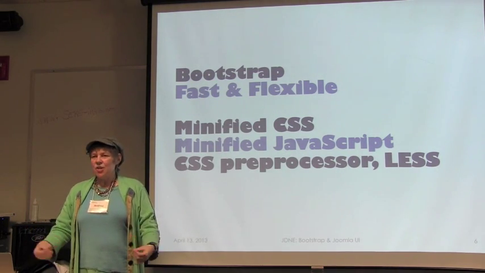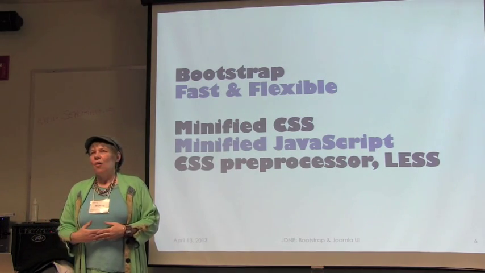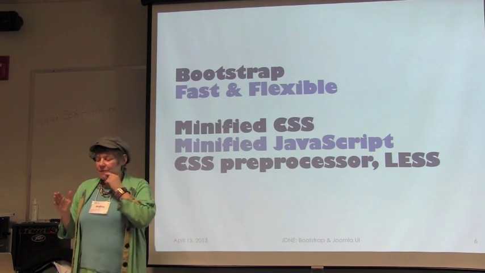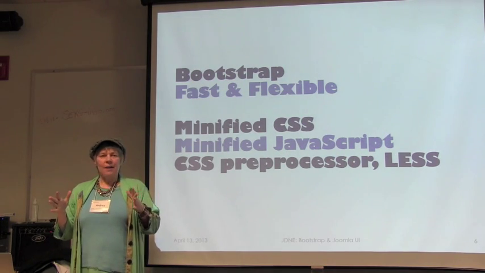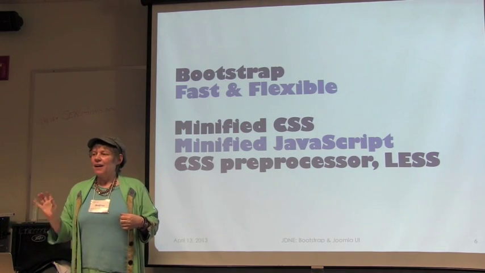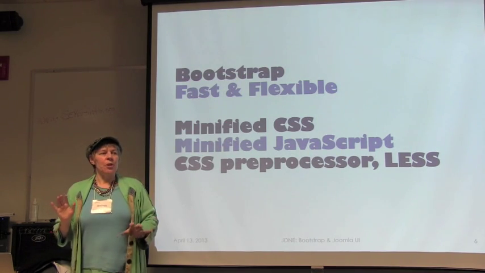You don't need to use Less in order to use Bootstrap. But what it does is, if you have some CSS that you have to keep repeating every time, it lets you pull that out, define it once, and then it will insert that for you in the appropriate places.